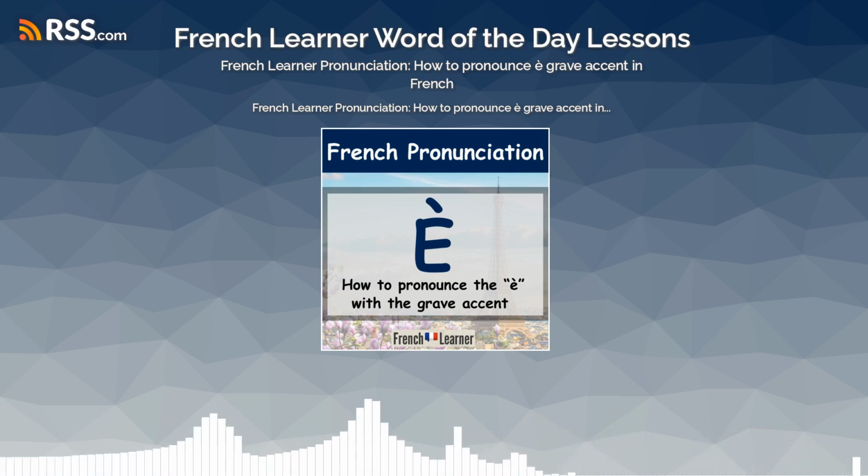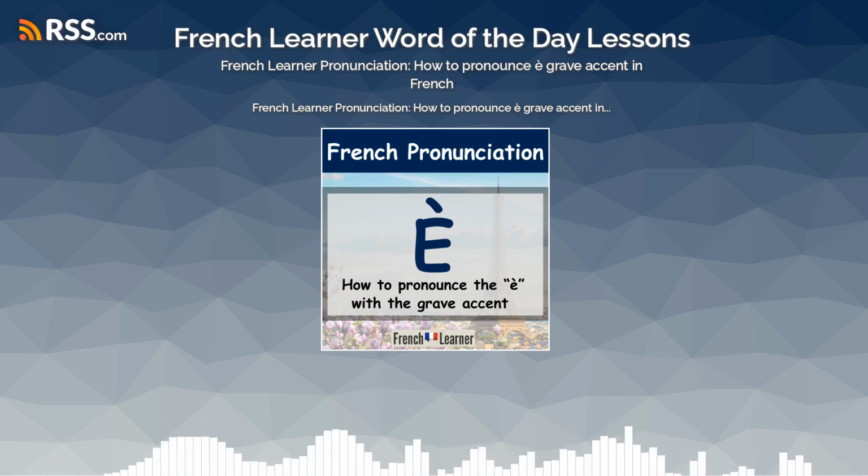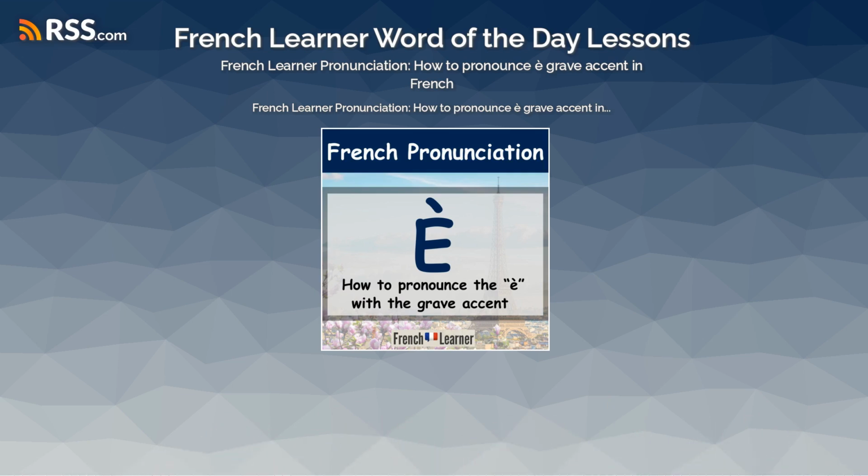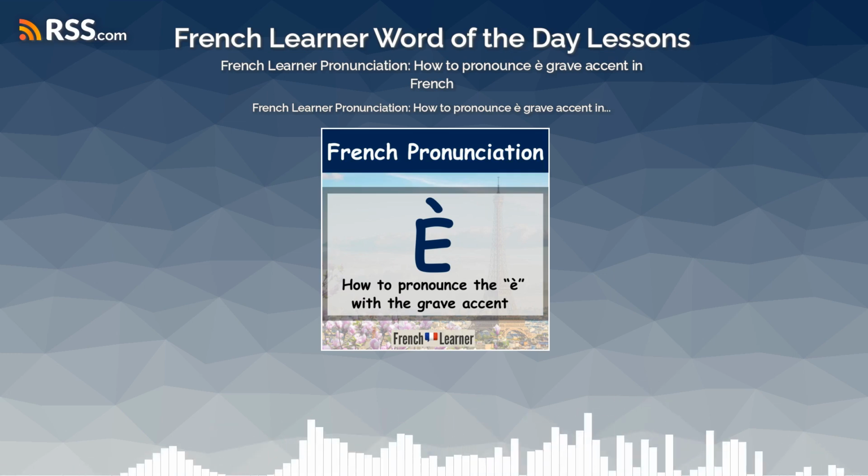So the second E on this word is downward slanting and sounds like eh, hence we get préfère, I prefer, je préfère.